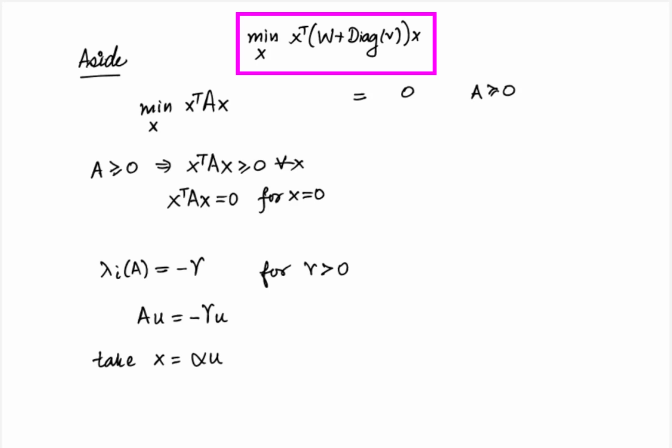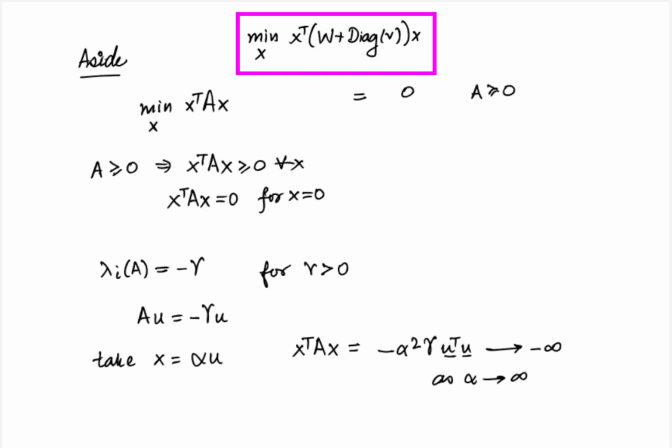Since Au is equal to minus gamma u, it follows that x transpose Ax is equal to minus alpha squared gamma times u transpose u. You can see therefore that x transpose Ax can be made arbitrarily large and negative by choosing alpha arbitrarily large, irrespective of what gamma or u are.